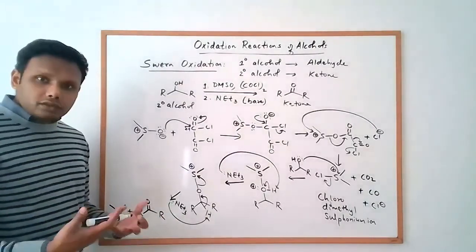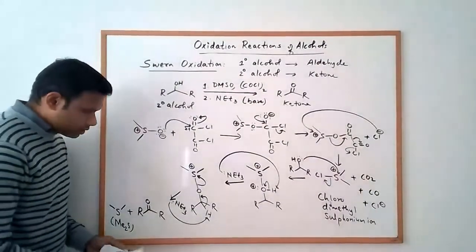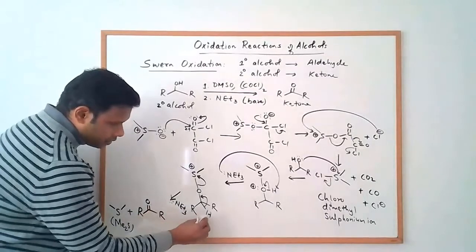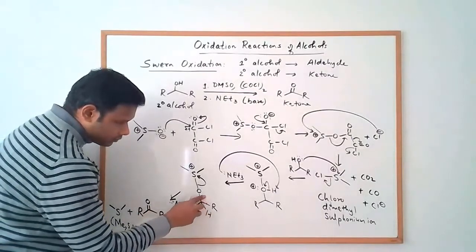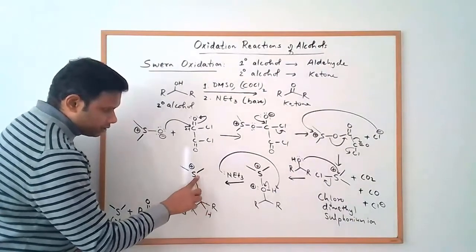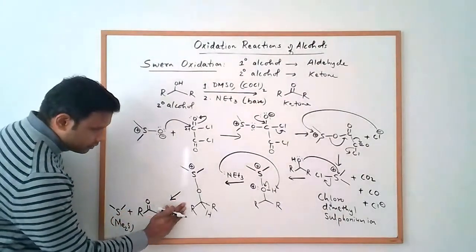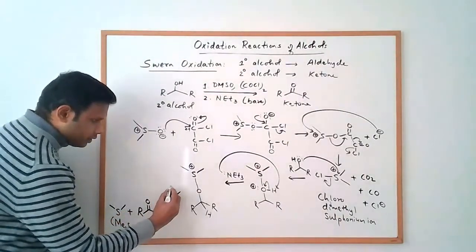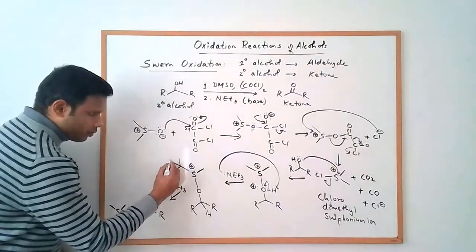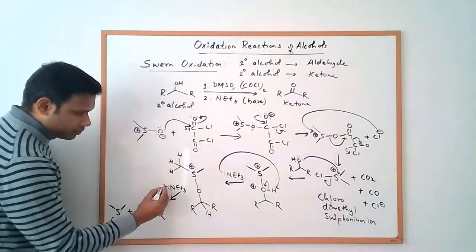Now, another school of thought, or another possibility here, which I'm going to show here, is that the base, instead of deprotonating this alpha hydrogen, in this particular step it could deprotonate one of the hydrogens in this methyl group.